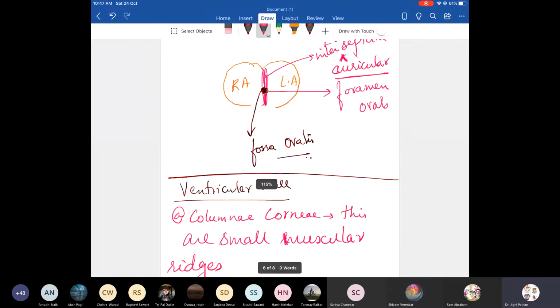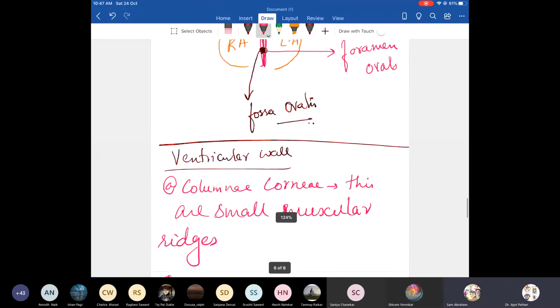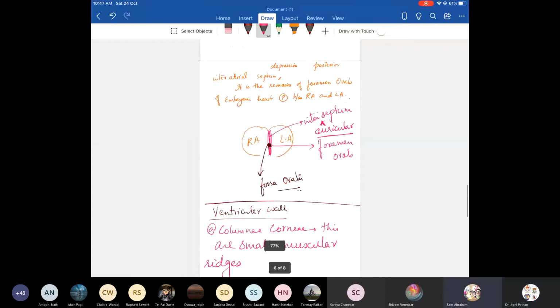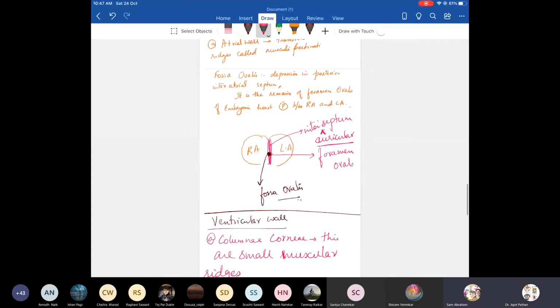Okay. That fossa ovalis and foramen ovalis are both the same place.